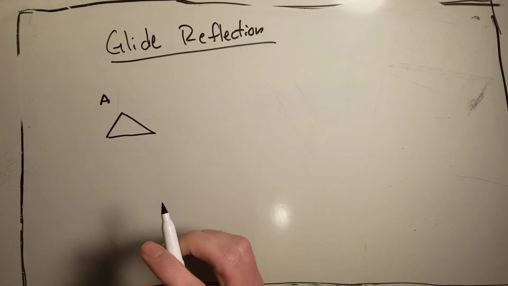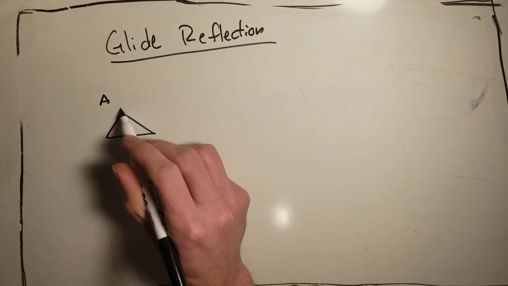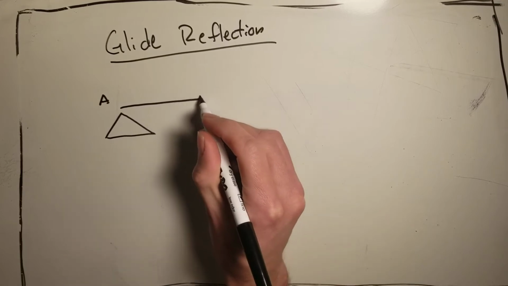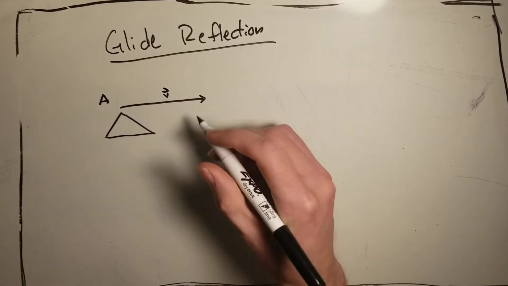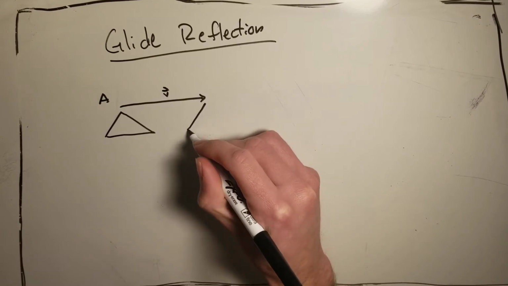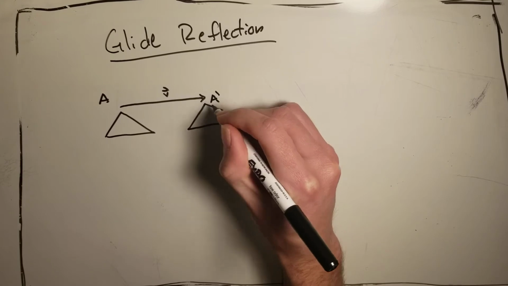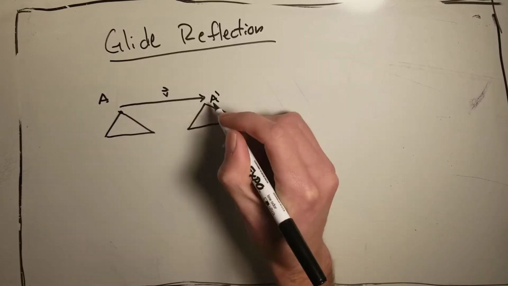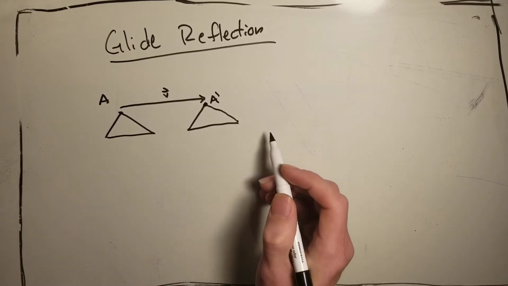Let's say we are going to translate first, so we're going to translate by, we'll call it vector V. We translate by vector V, and we'll end up with a congruent triangle here. Here's A prime. So our triangles are congruent, this is an isometry.